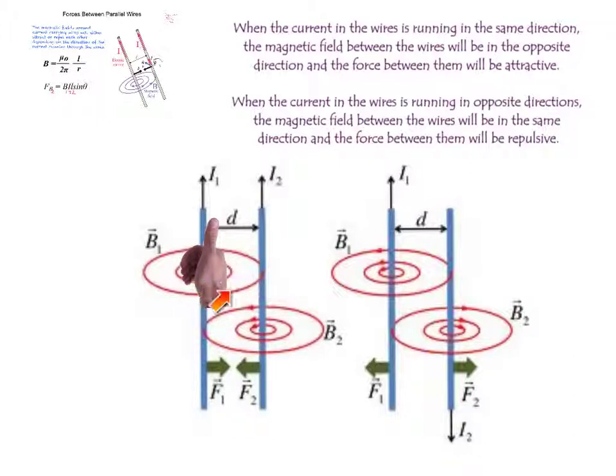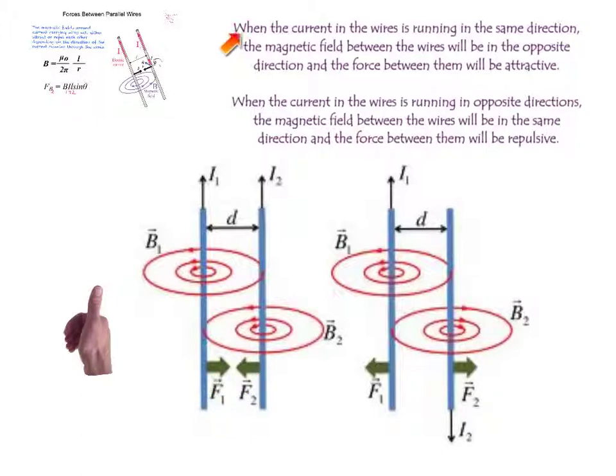So in this space here between the two wires, this magnetic field set up by wire 1 is going down into the page. The magnetic field set up by wire 2, though, is coming up out of the page. So what we have here is magnetic fields in opposite directions. So it's like opposite poles here, and we end up with a force that is attractive between those two wires.